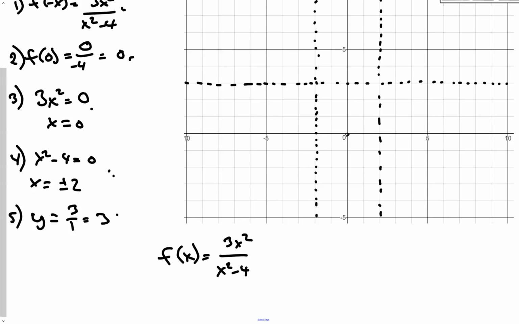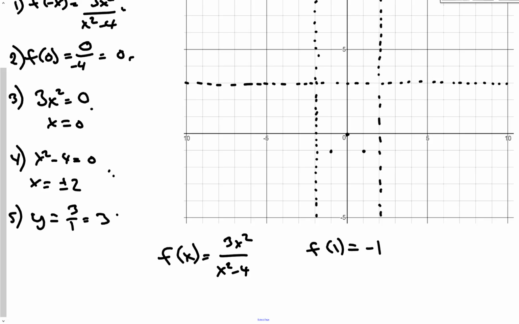Let's start in the middle because I already have the origin point right here. So let's plug in f of 1. If I plug 1 into this function, 1 squared, that's going to be 3. 1 minus 4 is negative 3. That's going to be negative 1. Which means that the graph goes like this. And because of step 1, because I know it is even, it reflects over the y-axis.